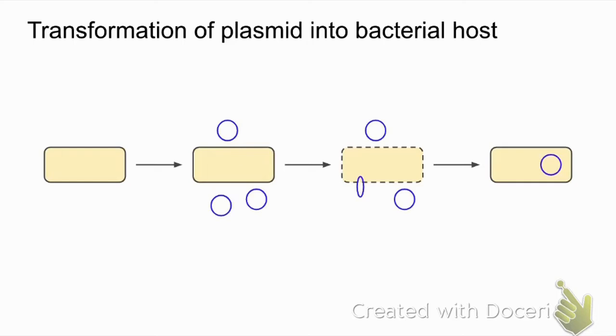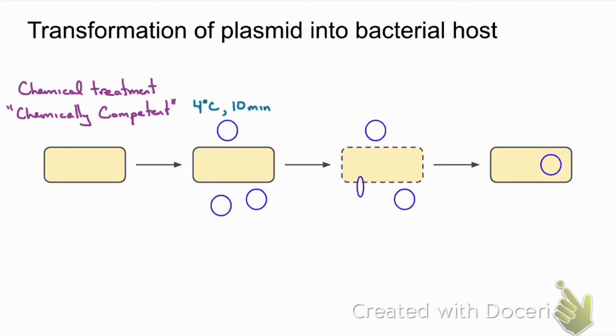E. coli is not a naturally competent species of bacterium. Instead, to make them competent, we have to chemically treat them. Chemically treated cells that are going to be transformed by heat shock are known as chemically competent cells. E. coli that are chemically competent are incubated with the plasmid on ice for a short period of time.